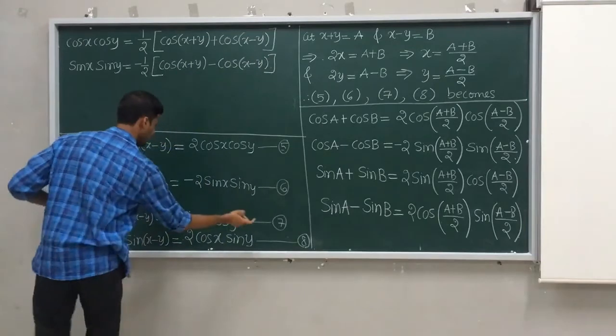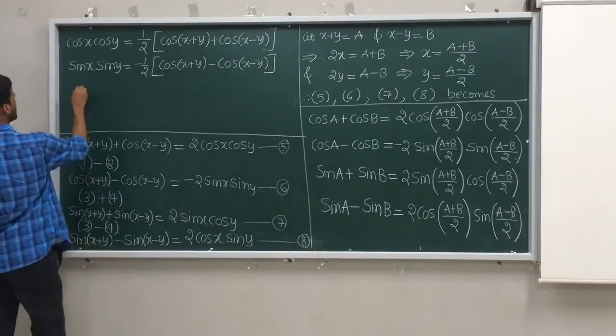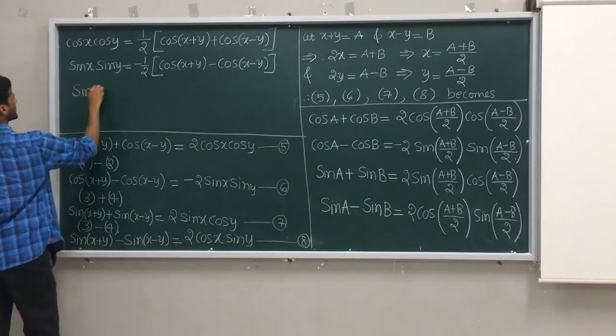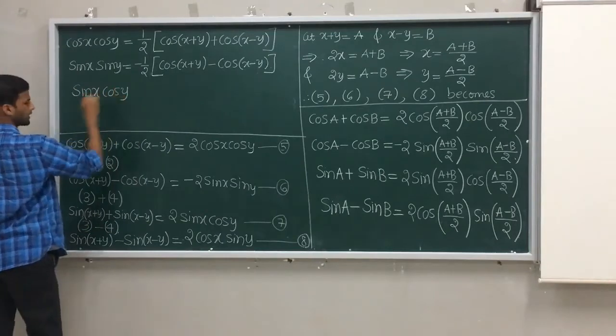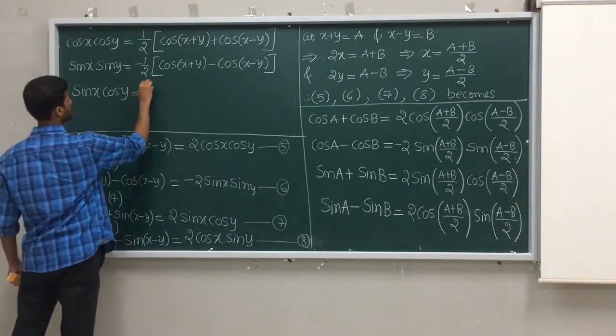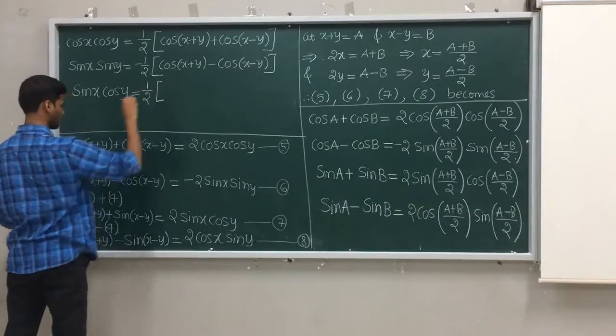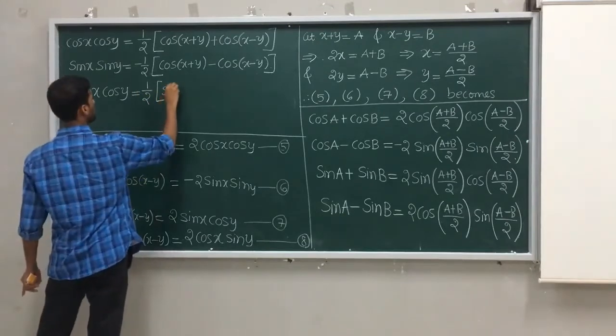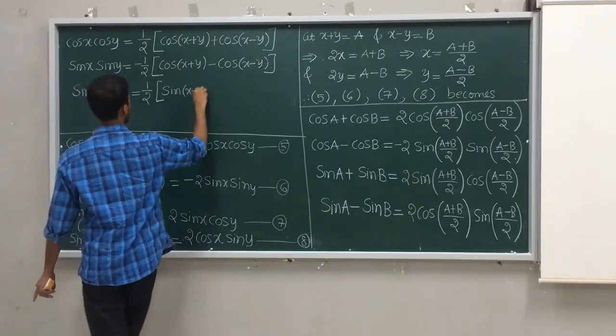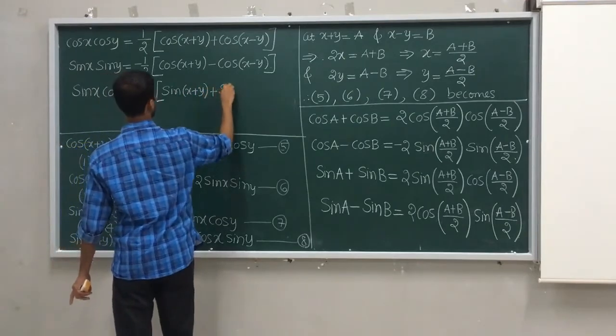Consider equation 7. Sin x cos y is equal to 1 by 2 times sine of (x plus y) plus sine of (x minus y).